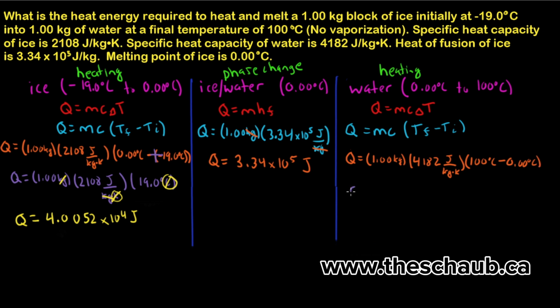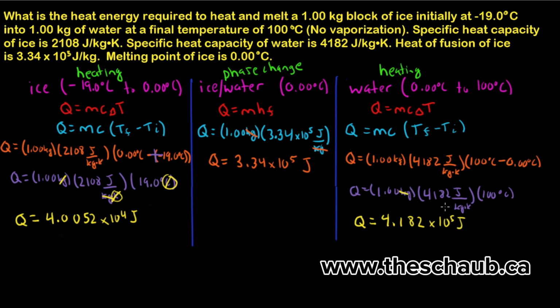And this gives us Q is equal to 1.00 kilograms multiplied by 4,182 joules per kilogram Kelvin multiplied by 100 degrees Celsius. Multiplying 1 by 4,182 multiplied by 100 gives us a final Q equal to 4.182 times 10 to the 5 joules.